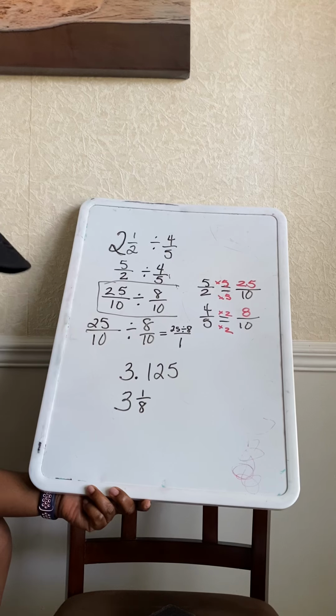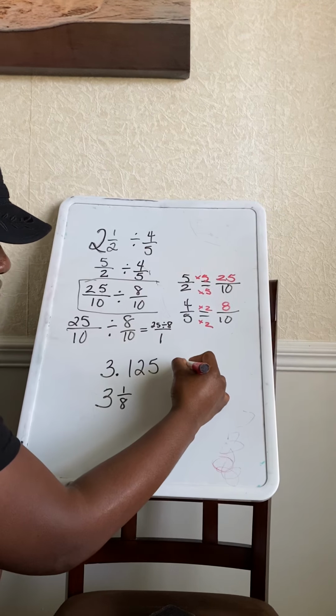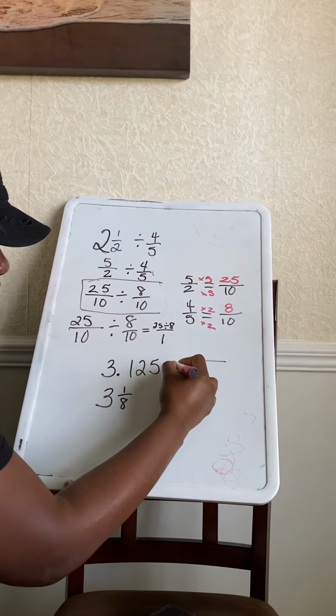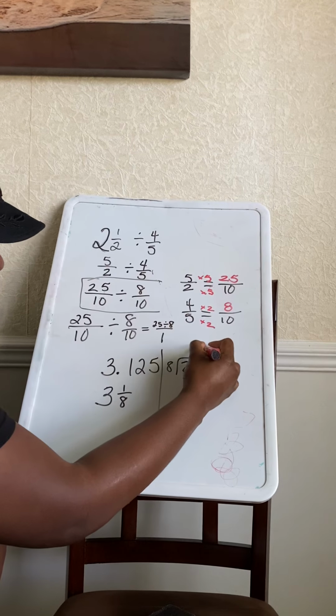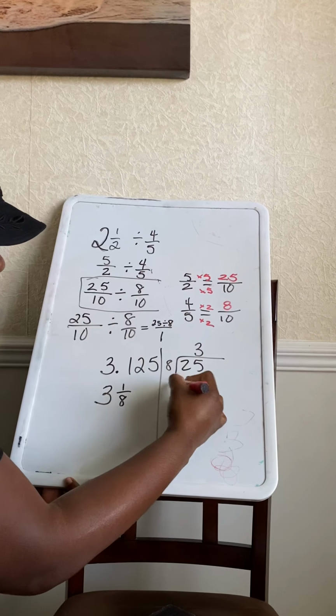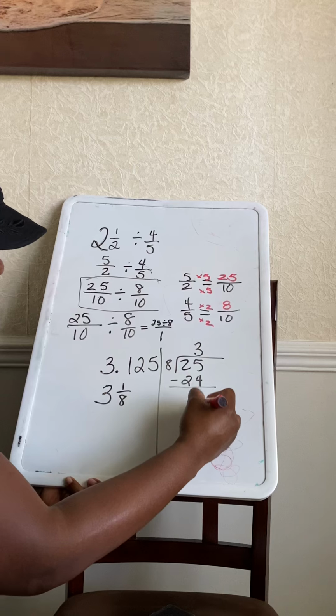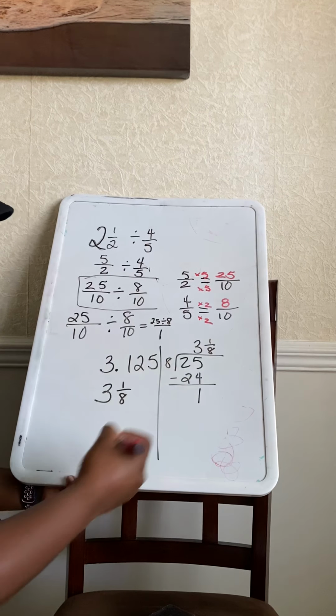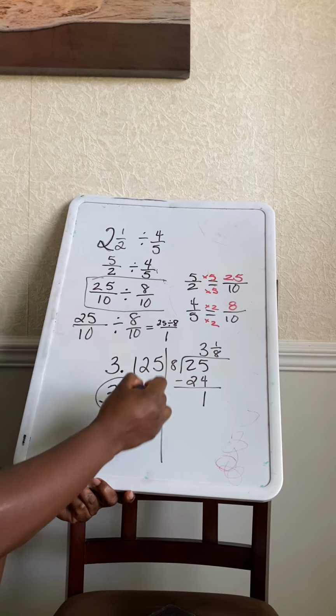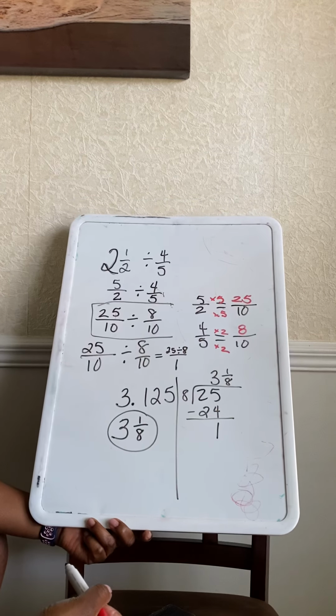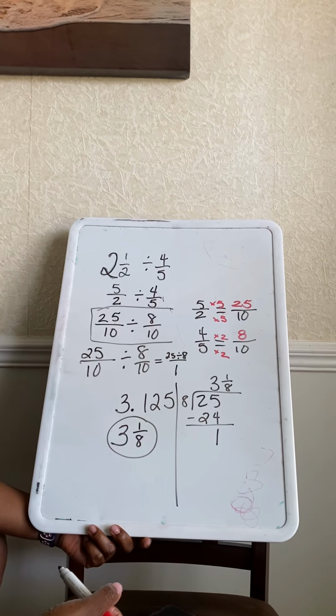Is that correct? Let's just check to make sure. So we got 25 divided by 8, always check to make sure. We know that 8 times 3 is 24. We subtract, we get 1, so that's 1 over 8. That is correct. And so your answer to this division problem is 3 1/8.